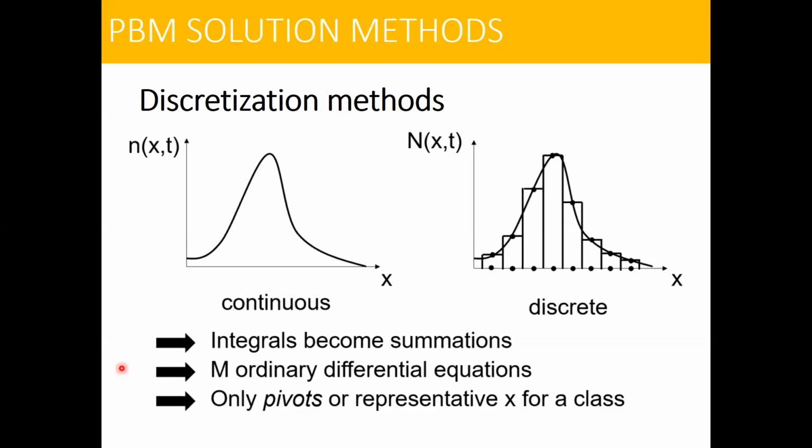For example, integrals become summations, large populations become an average, which means that we have to deal with only pivots or representative values for a class, and we can reduce the complexity of the whole equation to a set of ordinary differential equations. Sounds familiar in this course, doesn't it?